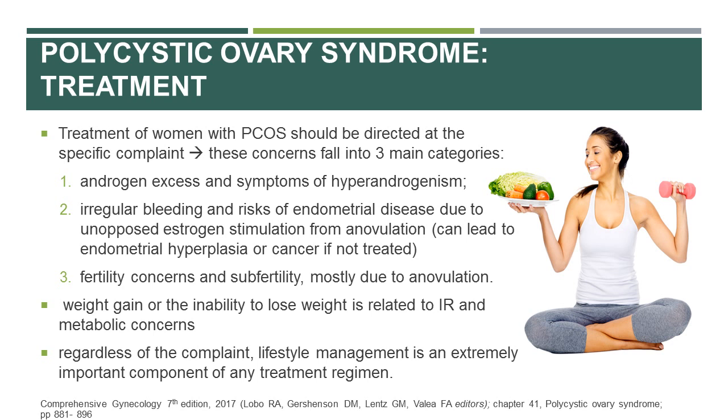And the third is fertility concerns and subfertility, mostly due to anovulation. In addition, a common complaint is weight gain or the inability to lose weight. This is also related to insulin resistance and metabolic concerns. Accordingly, regardless of the complaint, lifestyle management is an extremely important component of any treatment regimen.